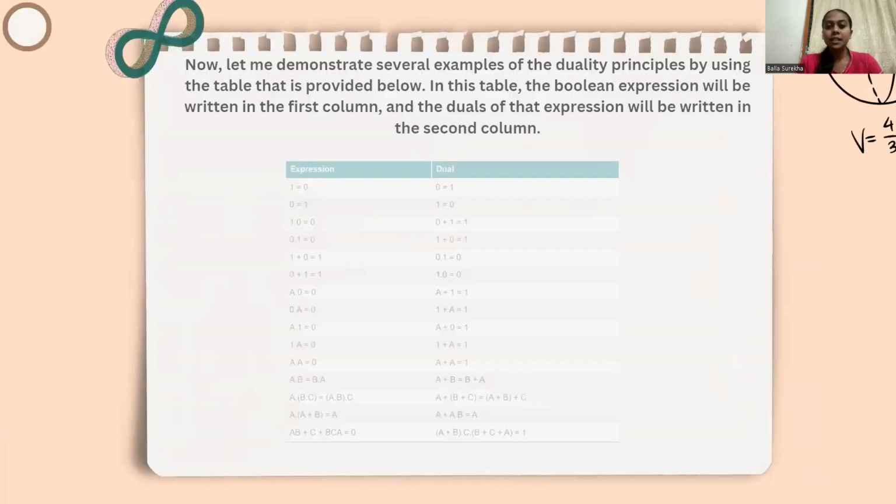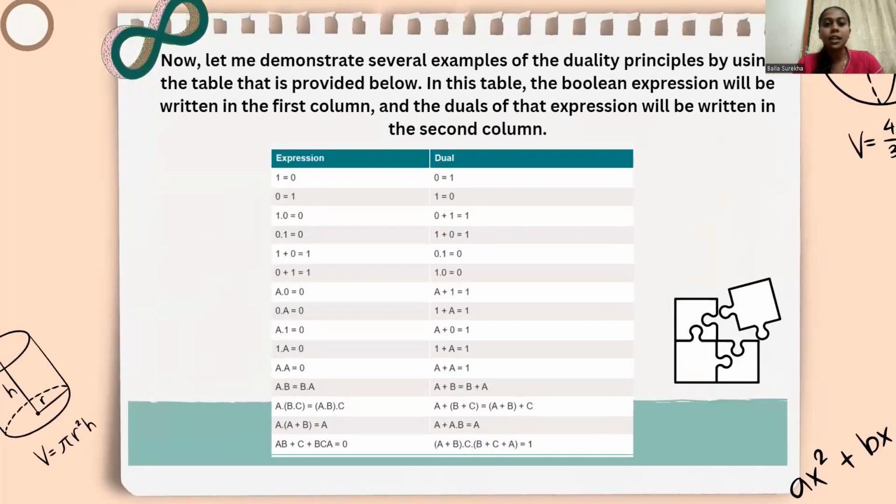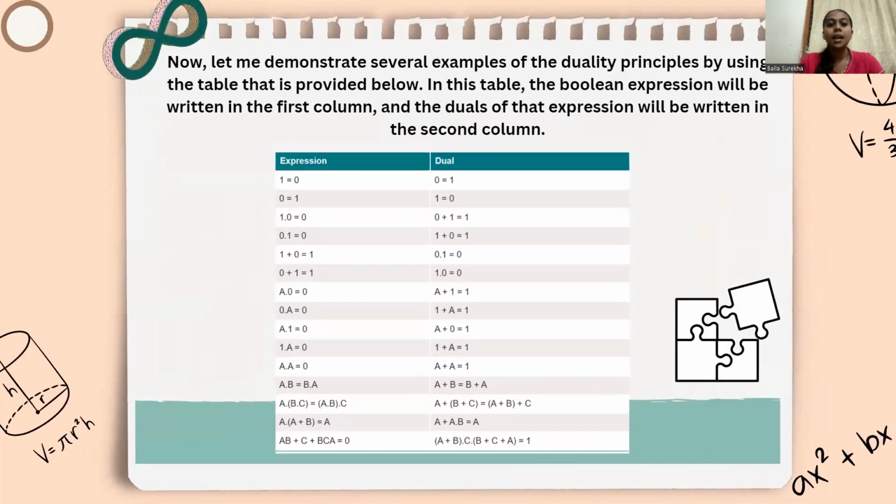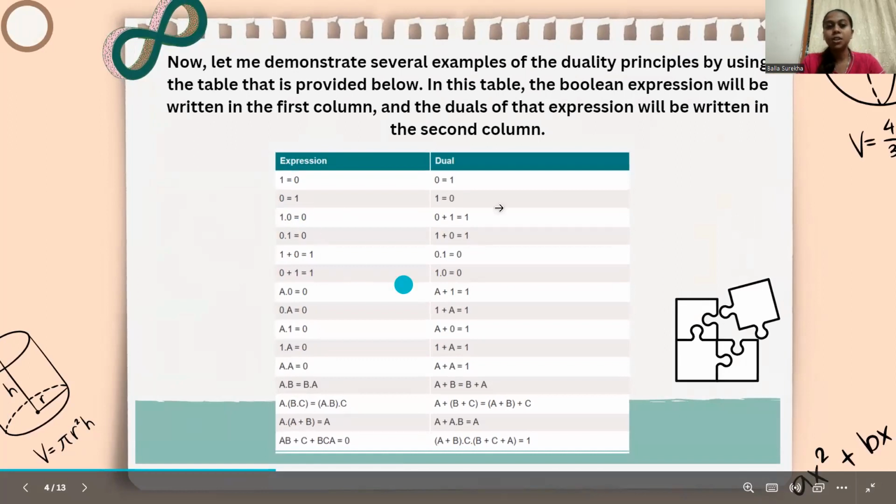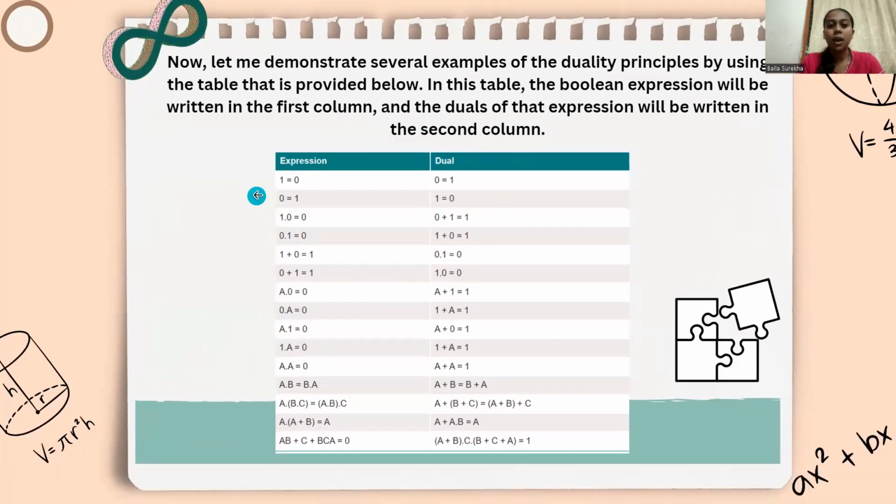So now let's see a few examples. Here in the table we can see this is the original expression, and this is the dual expression. Here one is equal to zero, where one is replaced with zero and zero is replaced with one. In the same way, here we see an AND operator: one into zero is equal to zero. Here this AND operator is replaced with the OR operator.